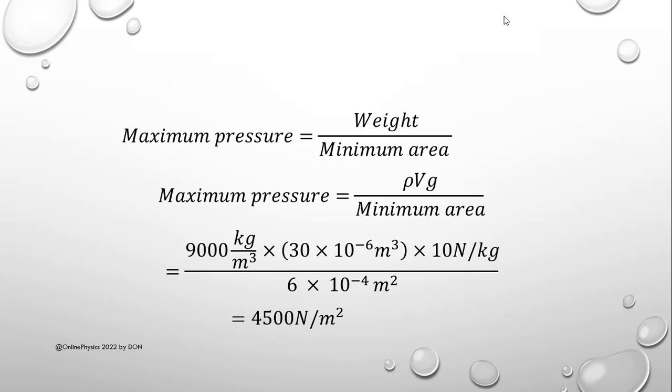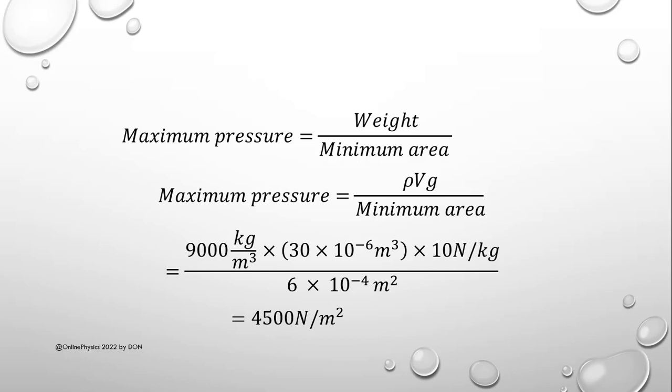But for us to get this weight, we must first calculate the mass, then times g. From the question, to find the mass, mass is equal to density times volume.